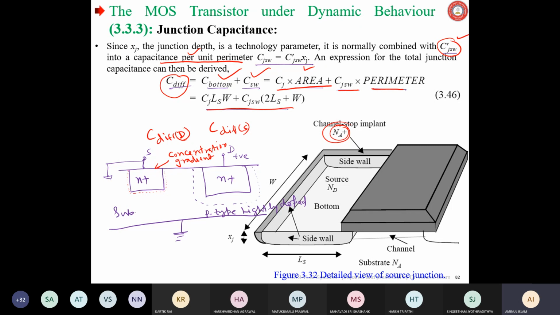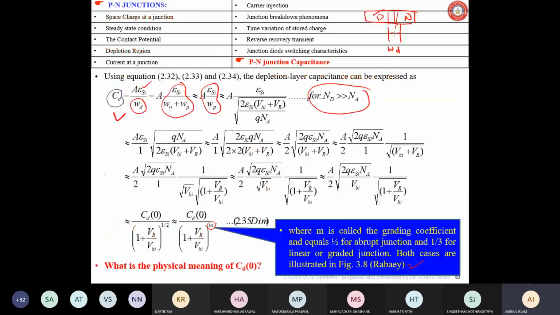So the depletion layer will be more or less the same on both sides. In that case, we cannot approximate this, but otherwise we can approximate it as WP and ignore WN.